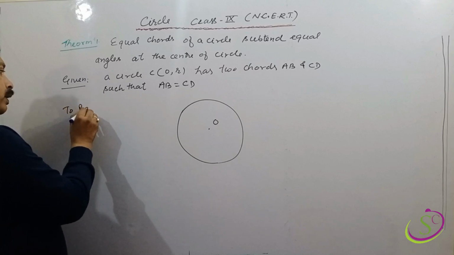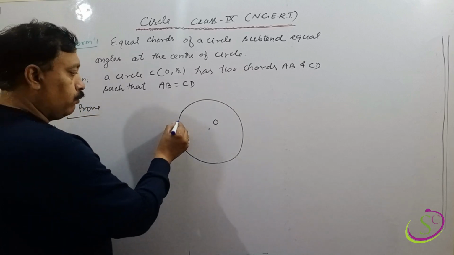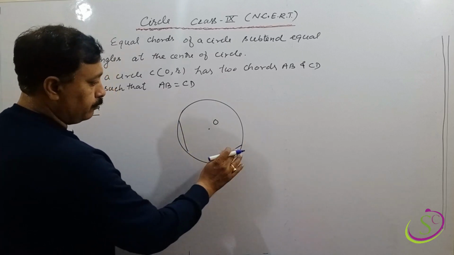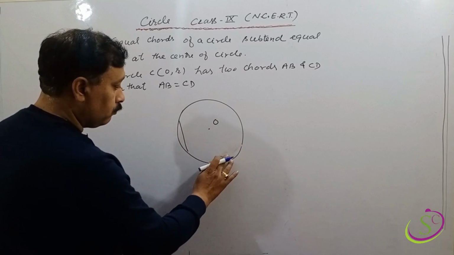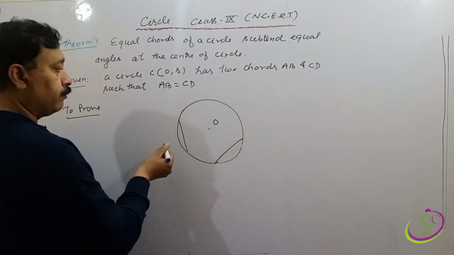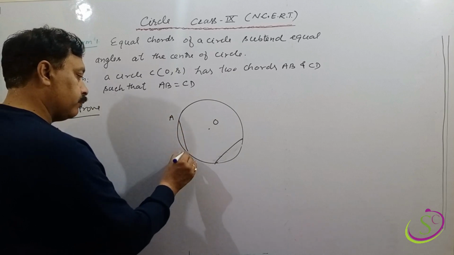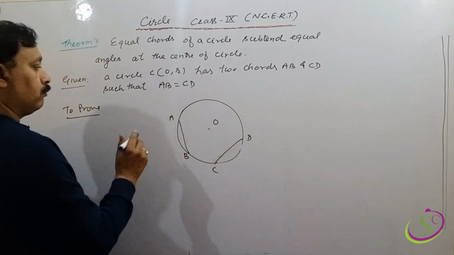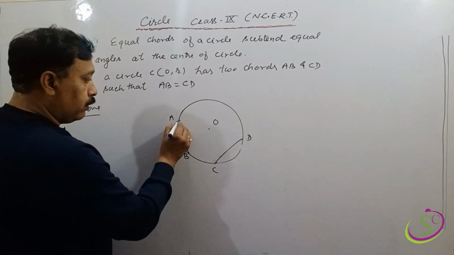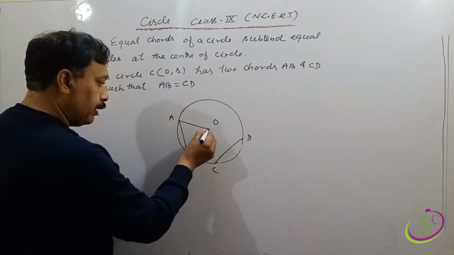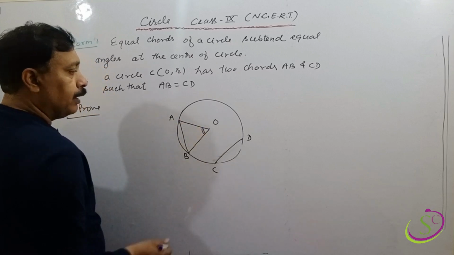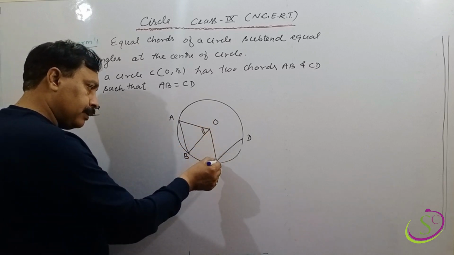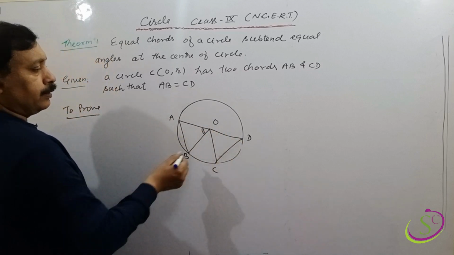To prove, what we have to prove? Means one chord is this and let one chord is this. Okay, this chord AB and this is CD. Okay, to prove that this chord AB subtend an angle AOB, is this angle at the center, and this chord CD subtend this angle at the center.